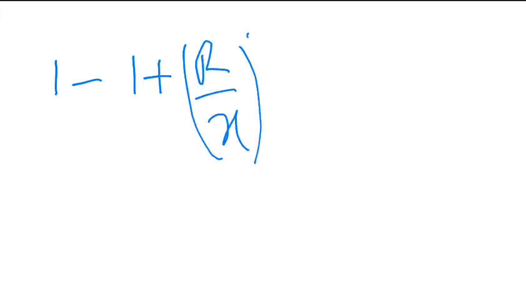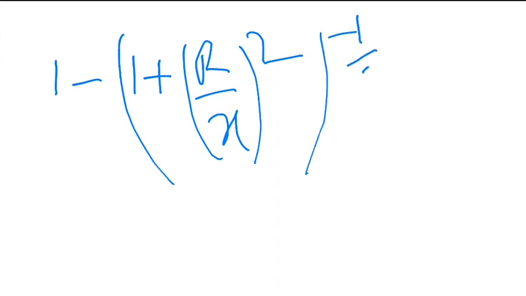So here it is 1 minus 1 plus r divided by x square to the power minus 1 by 2. Can we write this as x square plus r square divided by x square? Once again, x square plus r square divided by x square.